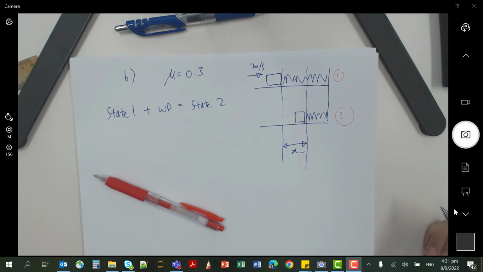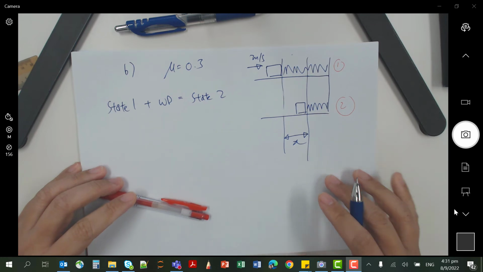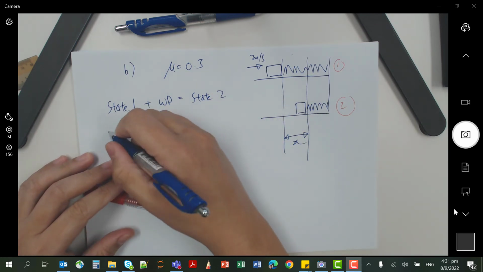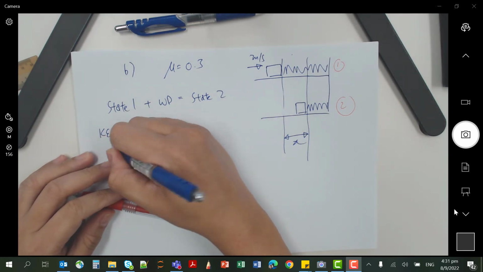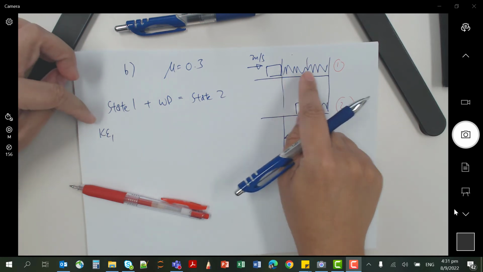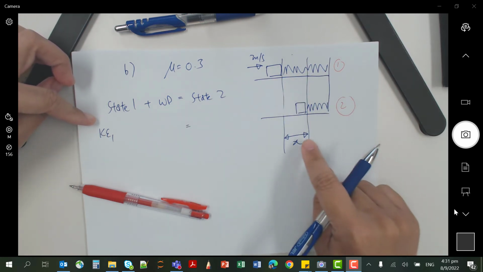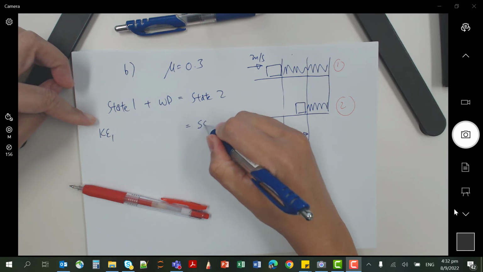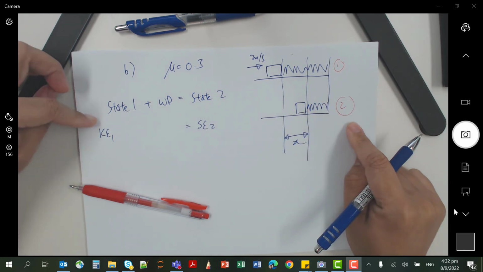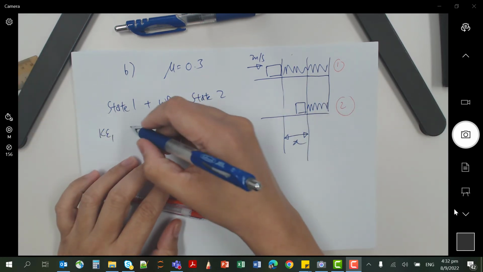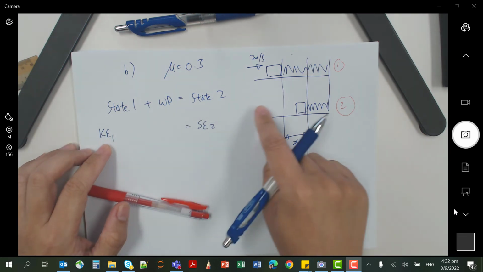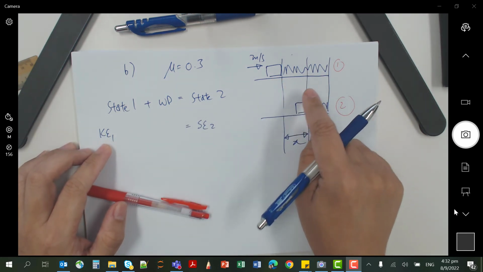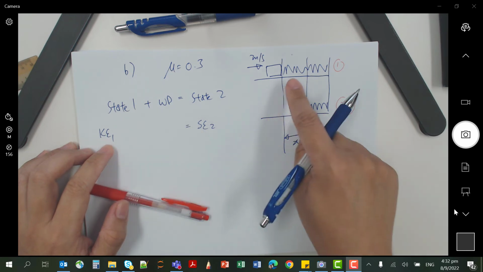So if we look at it, the same thing, there's only KE1 for the first case, and there is only spring energy at state 2, right? So now what is work done? Work done is supposed to exhaust the energy from KE1.